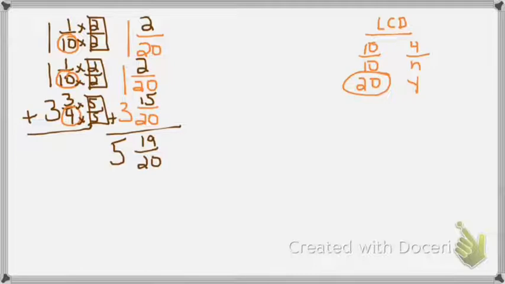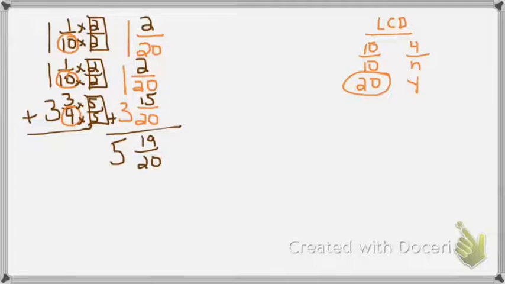The first question is, is it a proper fraction? Will it work in a chicken fight? Well, yes, 19/20 will work in a chicken fight, so it is a proper fraction. Good. My next question is, is the fraction fully simplified? 19/20 is in counting order, so that means it's fully simplified. So yes, 5 and 19/20 is a fully simplified mixed number answer.